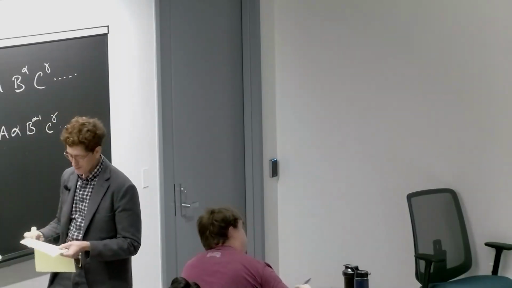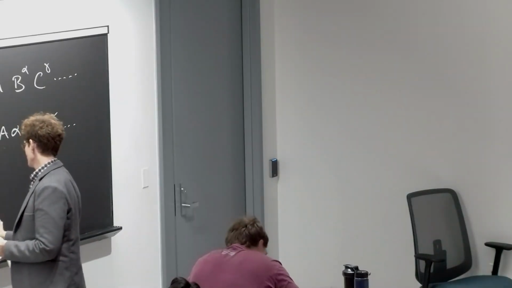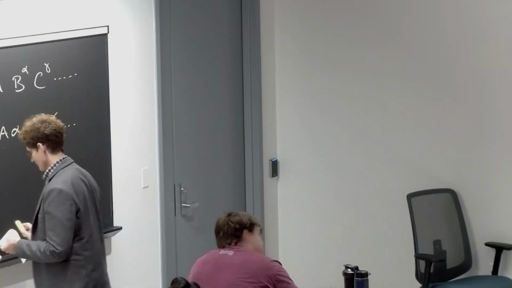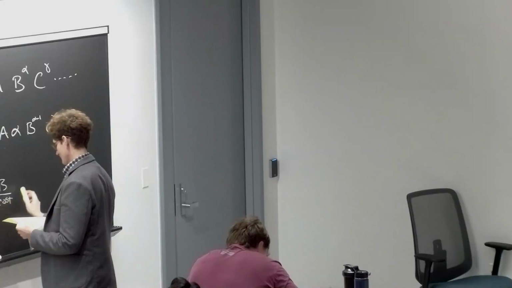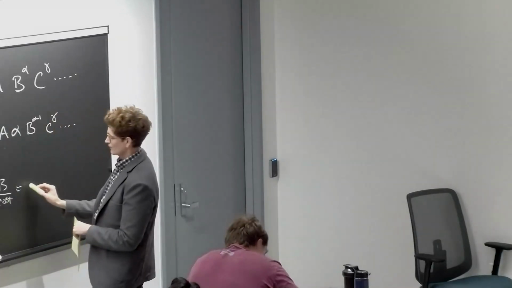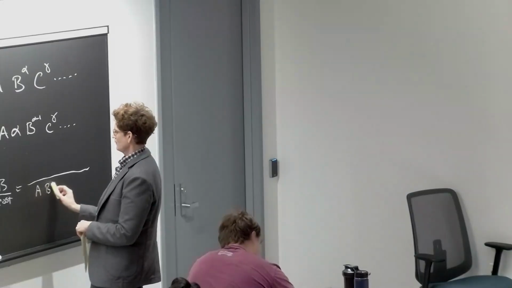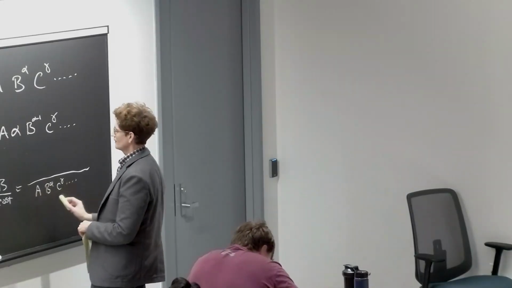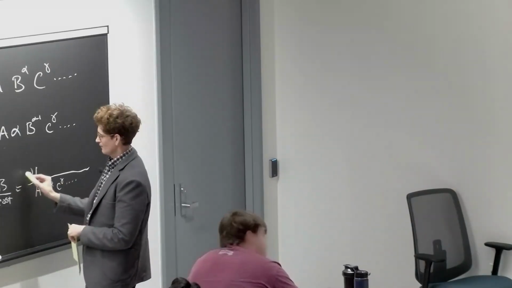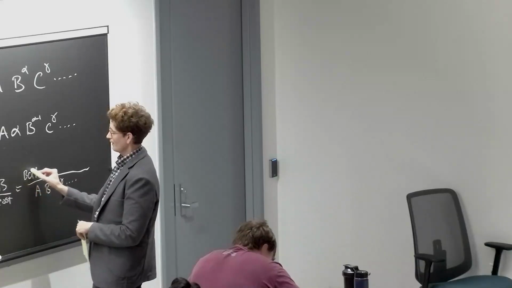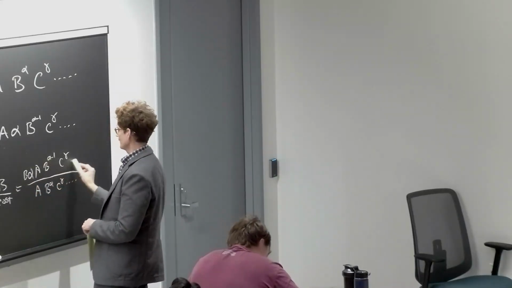And then we can do the following math. Partial cost, partial B, times B over cost is equal to, and we'll write out the denominator as A, B to the alpha, C to the gamma. And the numerator is B times alpha times A times B to the alpha minus 1, C to the gamma.